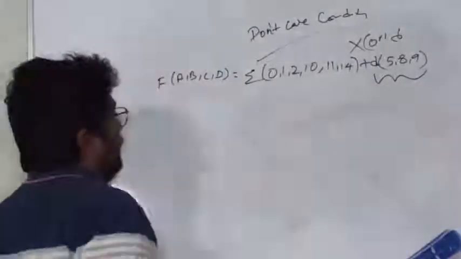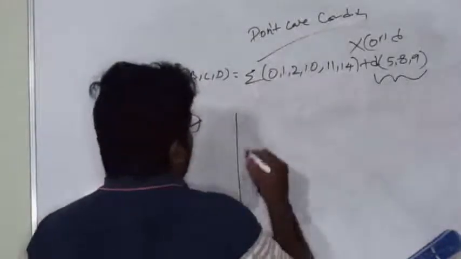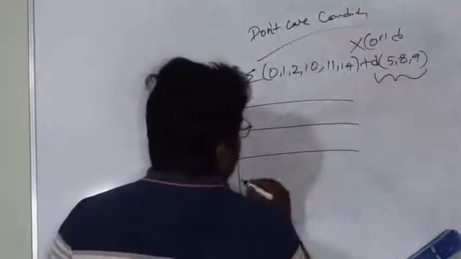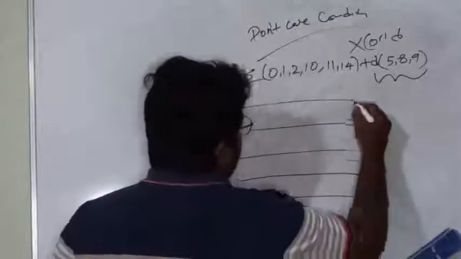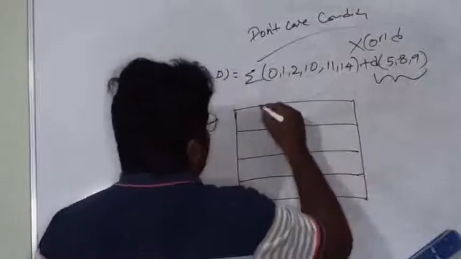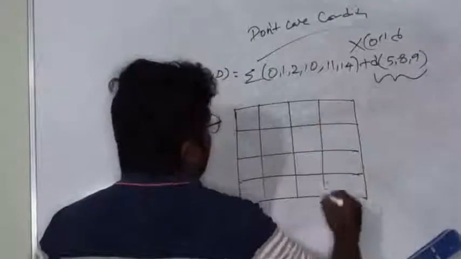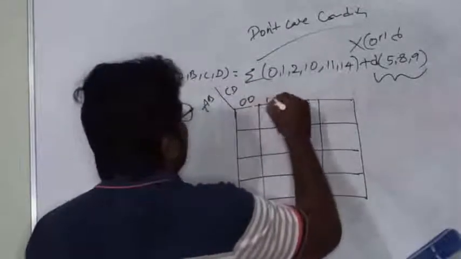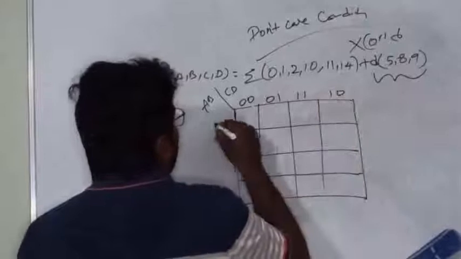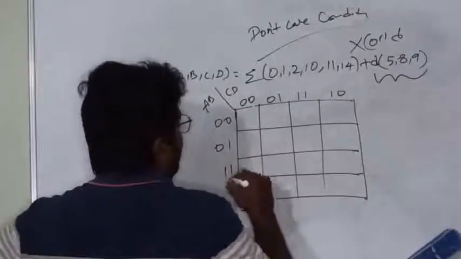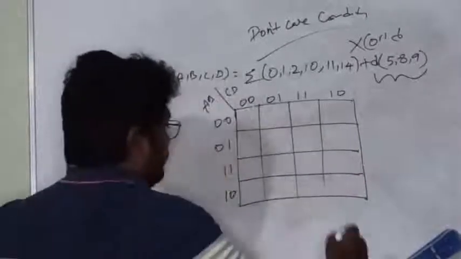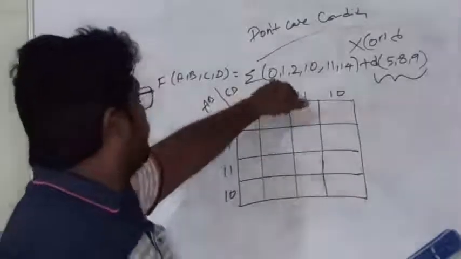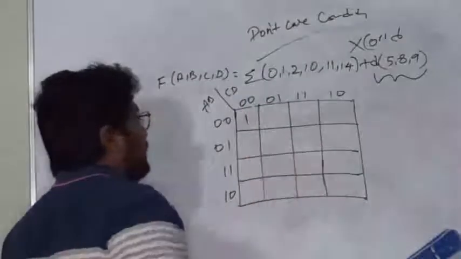So let us see the K-map. For a 4 variable K-map we will have 16 squares, with AB and CD labeled 00, 01, 11, 10. The first one is summation of 0. 0 means 0 0 0 0.